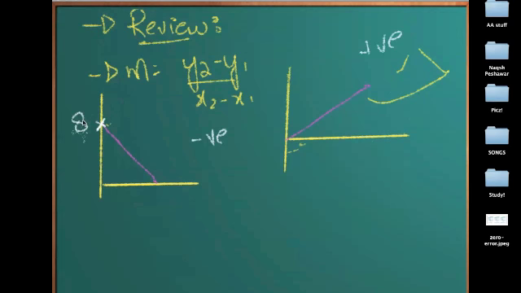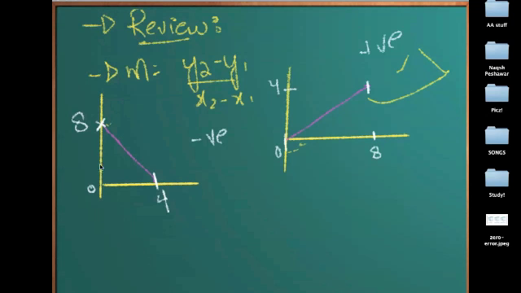Say this point is 8 and this point is 4, just random numbers. Let me check the gradient. First, write down the points. The first point is this one.